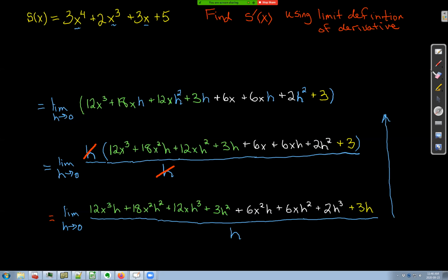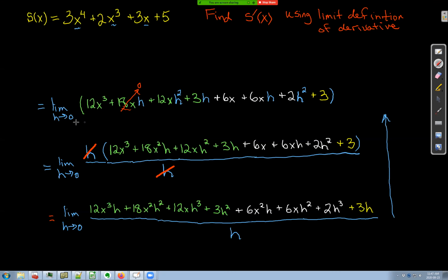If I set h equal to 0 in this expression, nothing's going to happen here because there's no h. It's h that's going to 0, not x. So this is going to stay where it is. But this guy is going to turn into 0 because that h is a 0, so it's going to knock out that whole term.